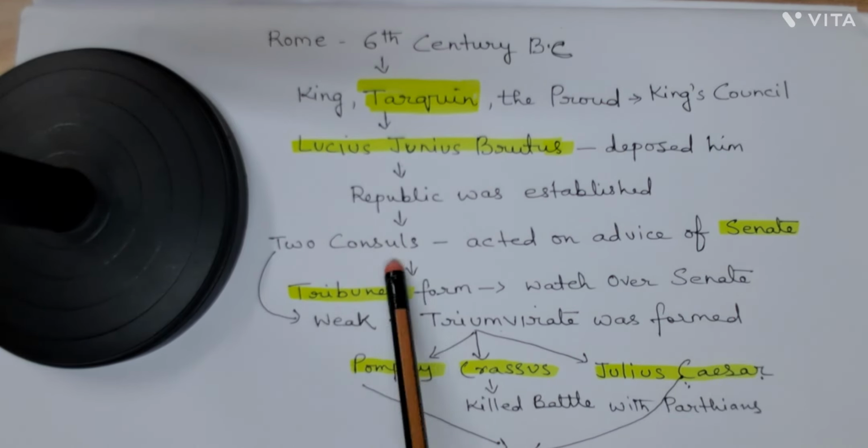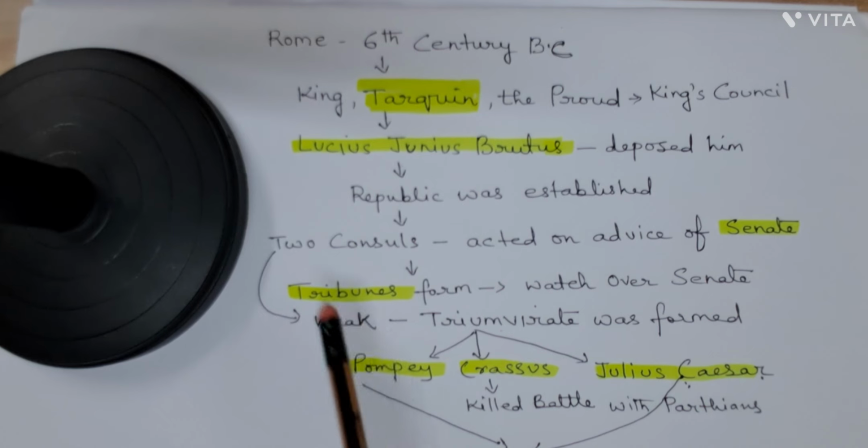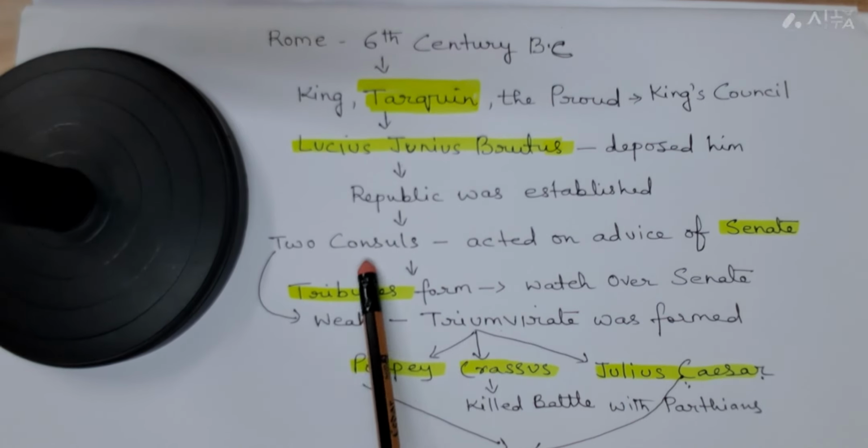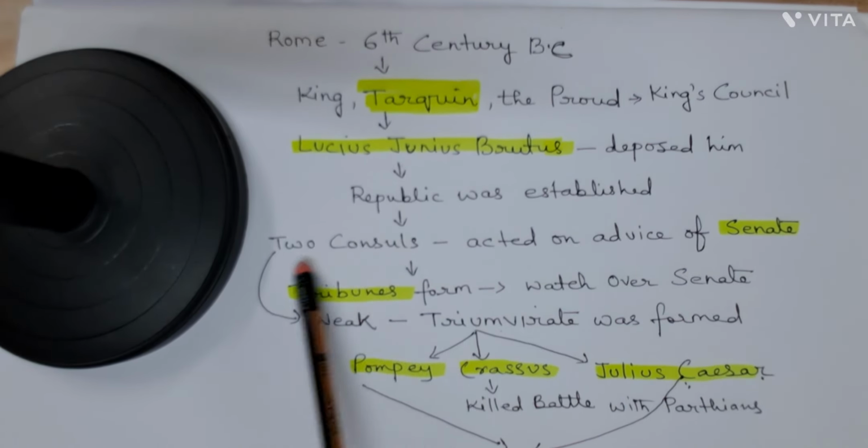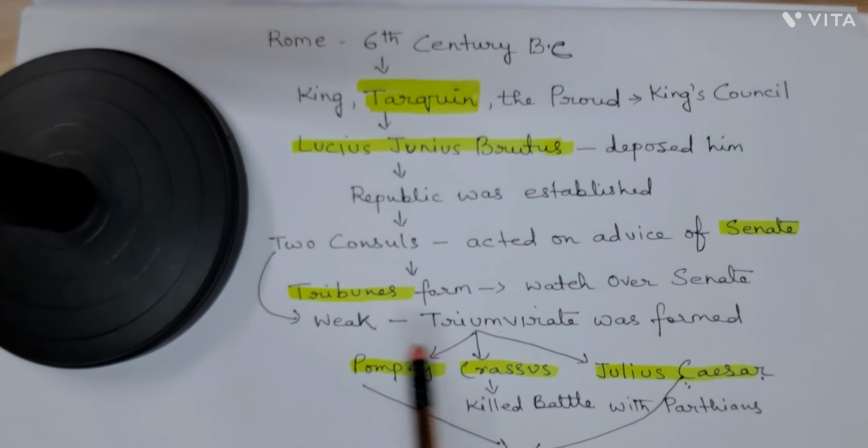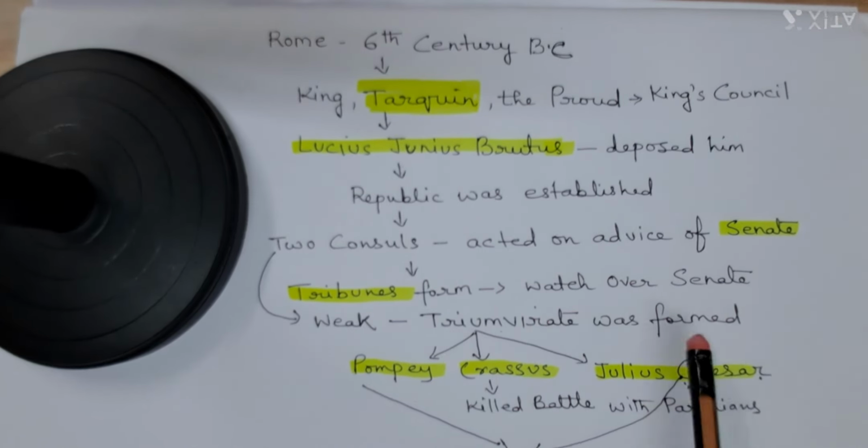Now these two consuls came out to be weak rulers. They could not rule Rome properly. So again, these two consuls were dissolved, powers were taken from them, and then a triumvirate, meaning three rulers forming the government, was formed.